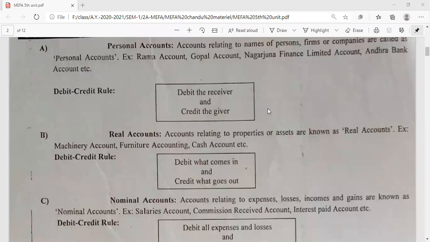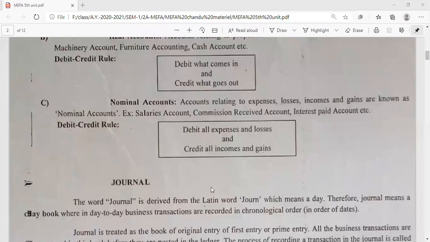Next, nominal accounts. We have some nominal accounts. Accounts relating to the expenses, losses, incomes, and gains are known as nominal accounts.